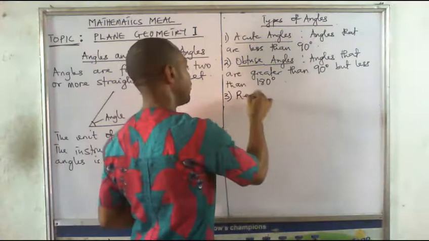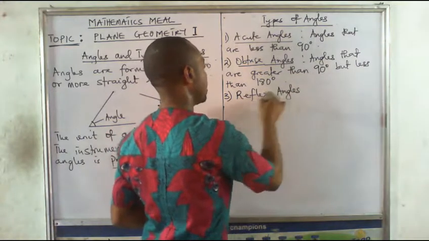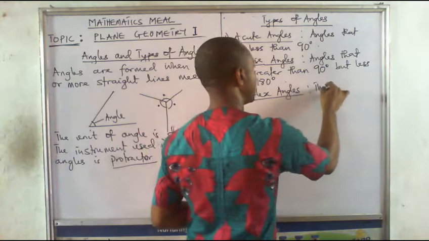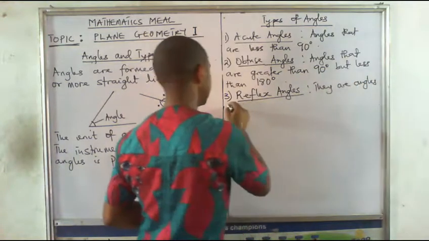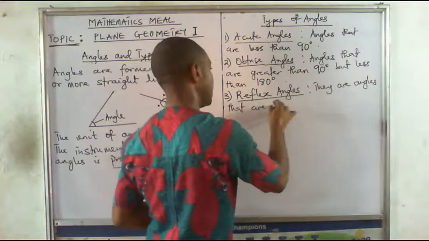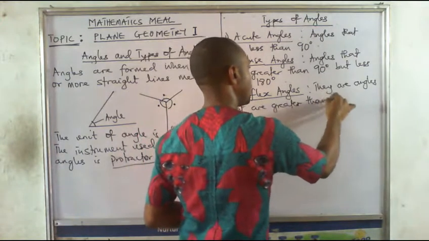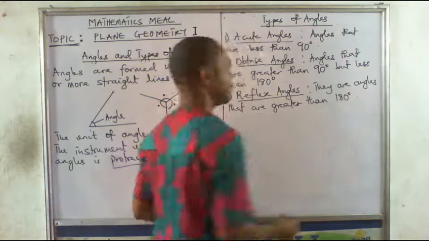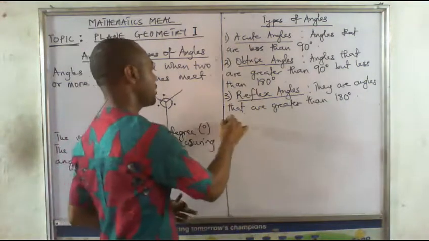We talk about reflex angles. They are angles that are greater than 180 degrees. So when angles are greater than 180 degrees, we refer to them as reflex angles.